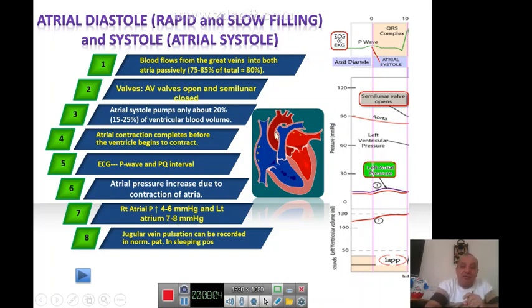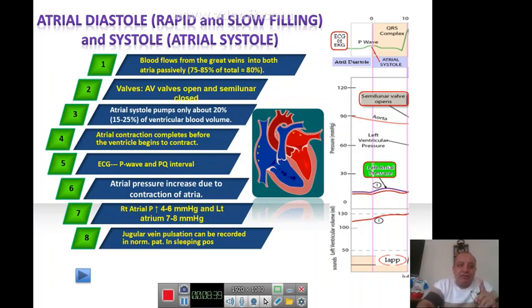At the same time, during the atrial systole, we can identify jugular pulsation. What's the meaning of jugular pulsation? It means here we have the jugular veins. If the patient is lying on, for example, a bed, then during the atrial systole we can find pulsation of the external jugular vein, and this is like a backflow of the blood to the jugular veins.